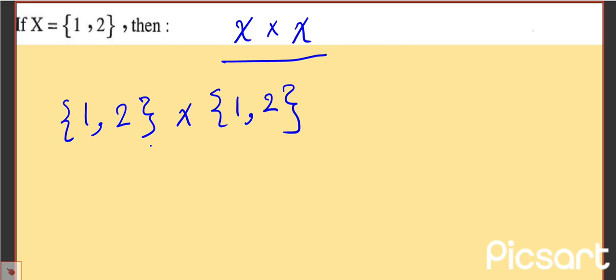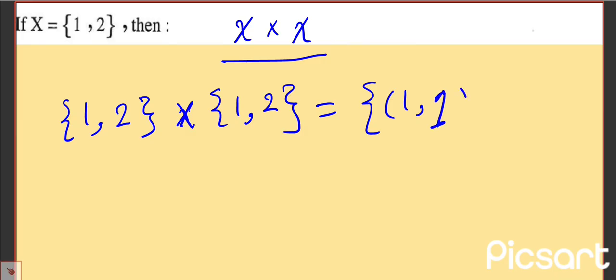x cross x. And we can go with the ordered pair one and two. 1 and 4. No, 1 and 1. Okay, 1 and 1.